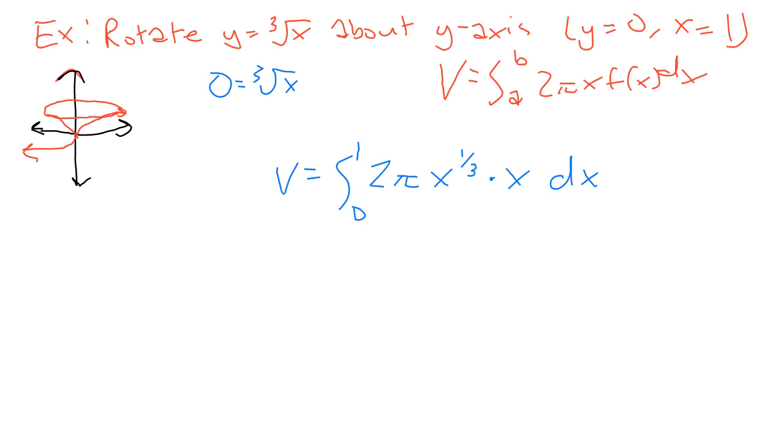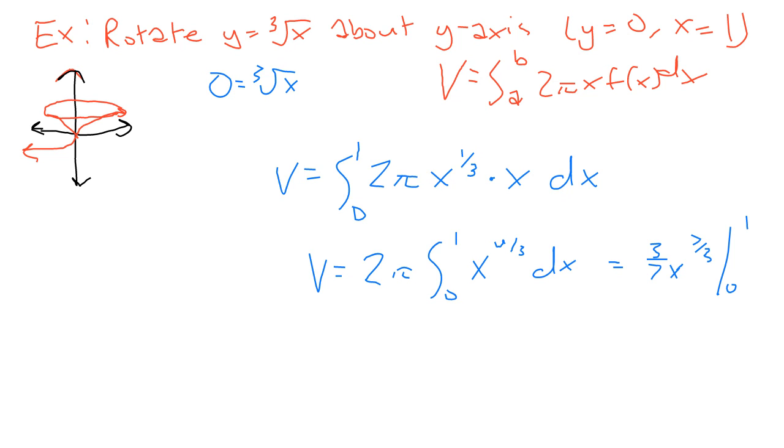So now to go ahead and integrate, we can get V is equal, we can pull out the 2 pi, from 0 to 1. X to the 1/3 times x is x to the 4/3 dx, which gets us 3/7 x to the 7/3 from 0 to 1.